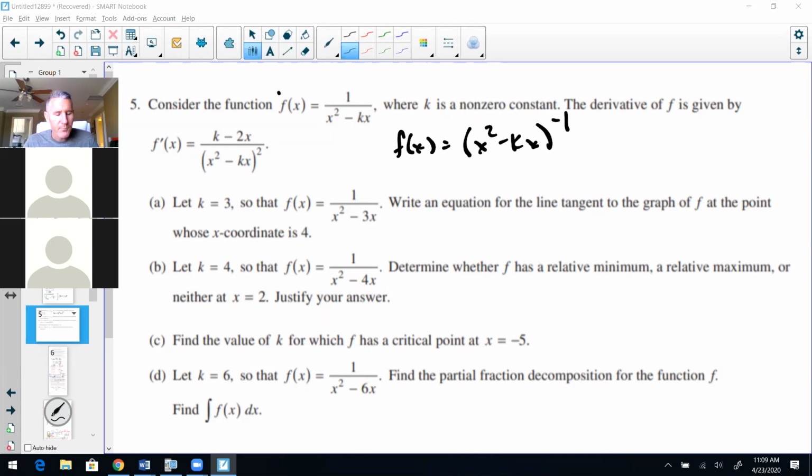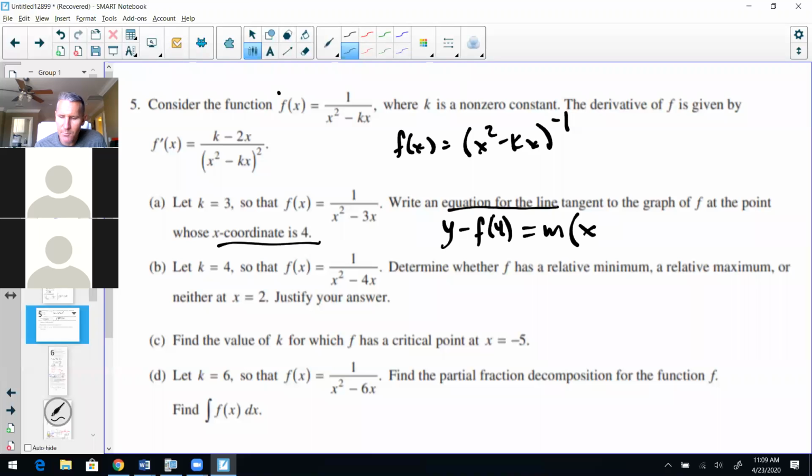So if x equals 4, I know that an equation of a line with an x-coordinate of 4 is going to look like this. y minus f of 4 equals m times quantity x minus 4, right? So y minus y1 equals m times quantity x minus x1. That's what it's going to look like. Well, they give us that x is equal to 4. To find the y value, I could plug 4 in for x.